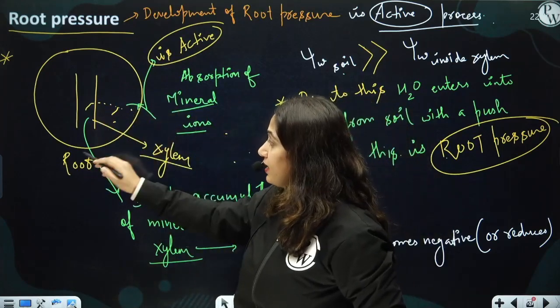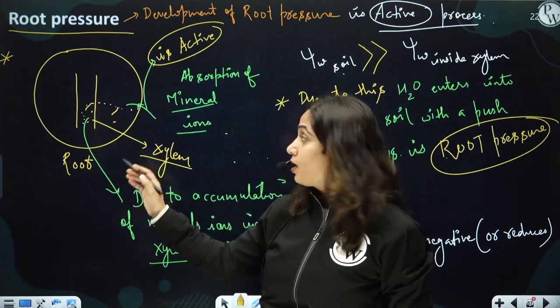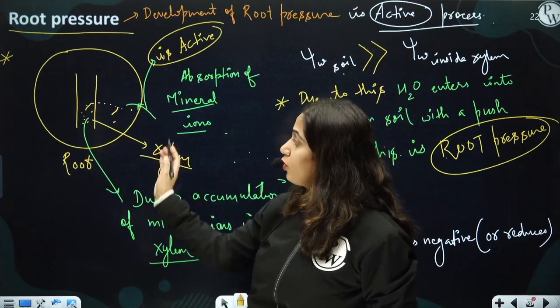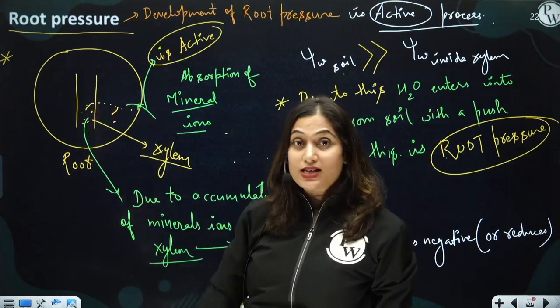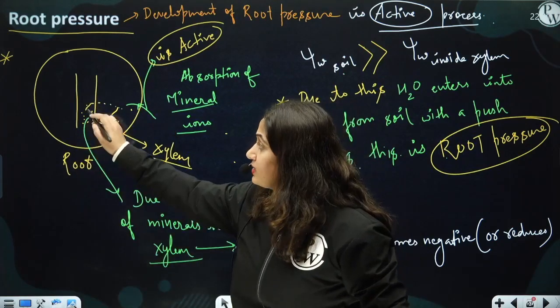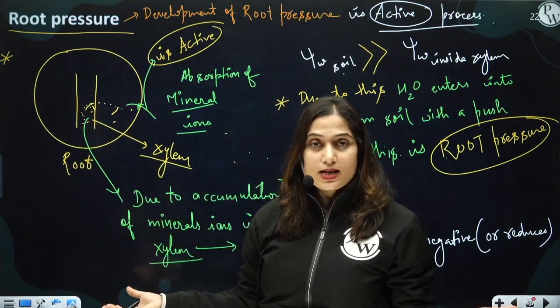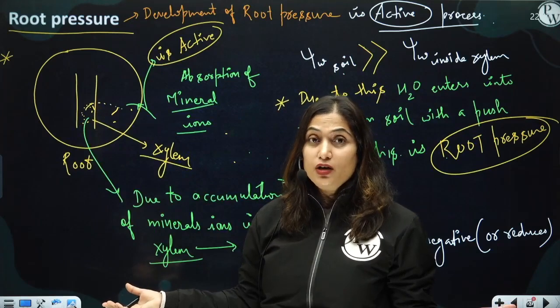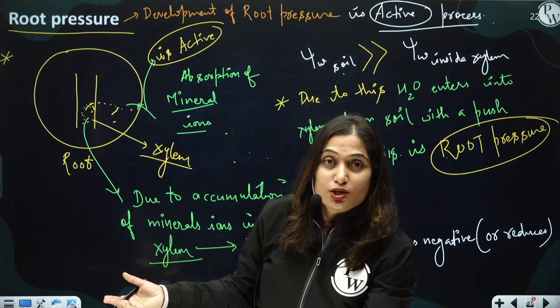These mineral ions will get deposited into the xylem. As soon as the mineral ions accumulate in the xylem, since minerals are solutes, they will reduce the water potential of the xylem.